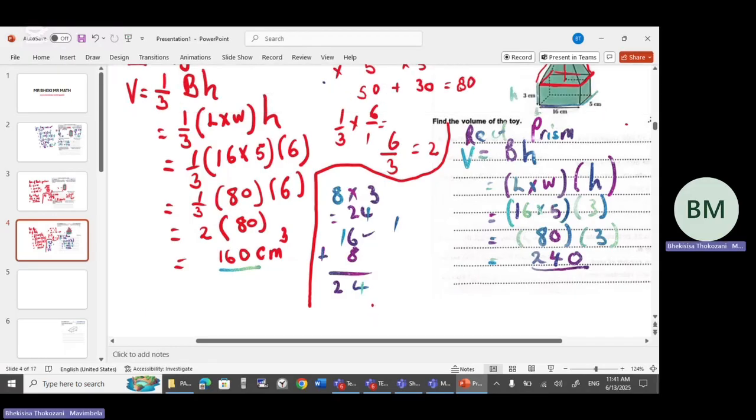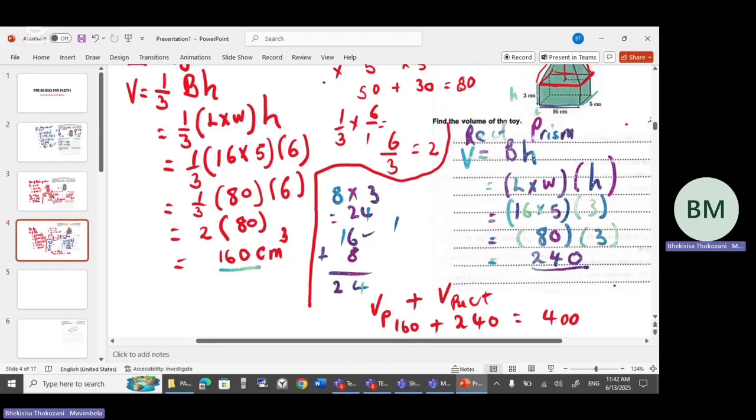So I'm going to add the volume of a pyramid plus the volume of a rectangular prism. Okay, so now this was 160 plus 240, and this will give you 400.